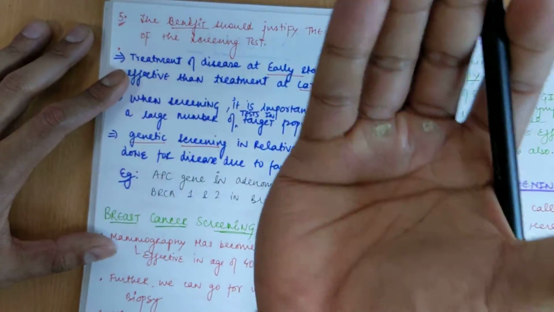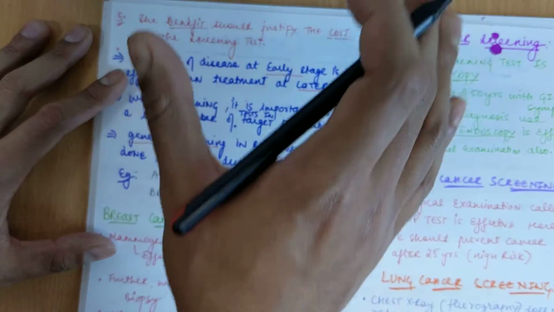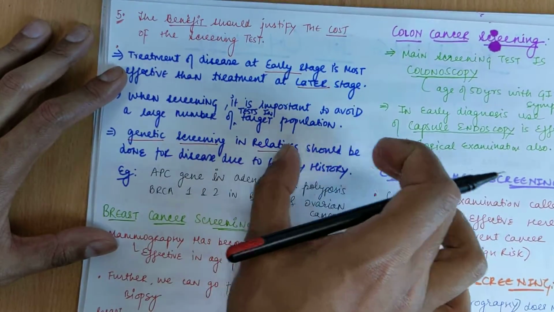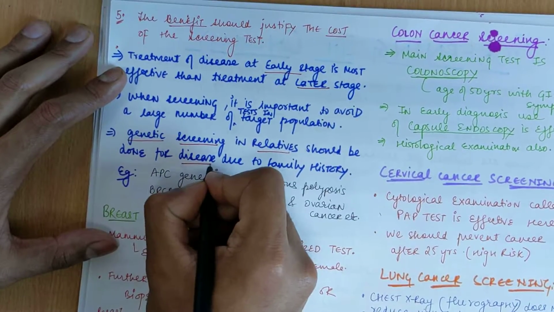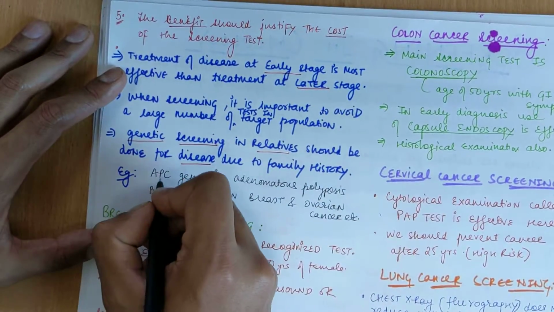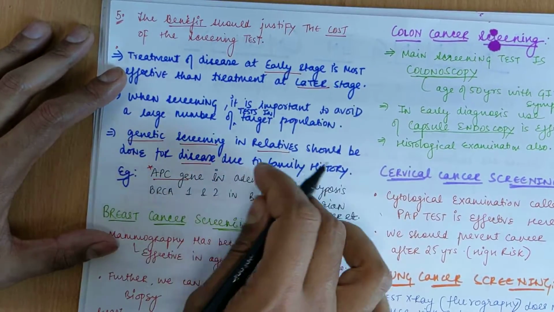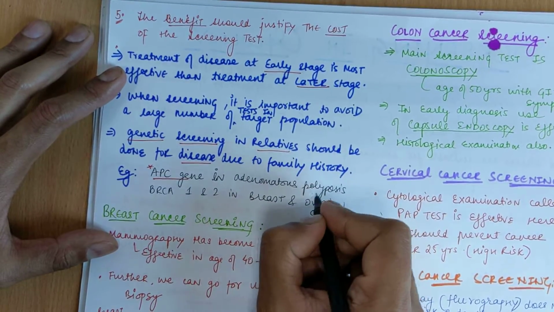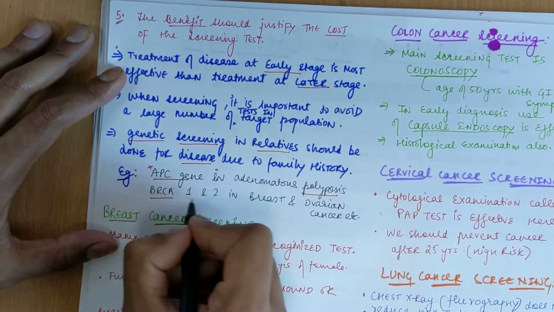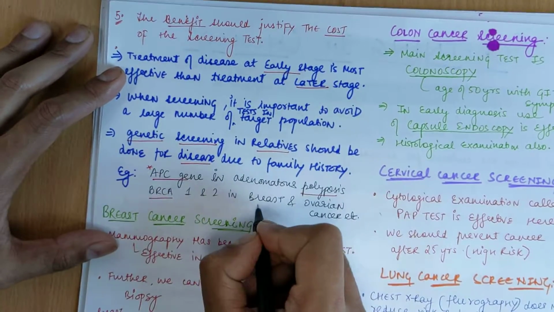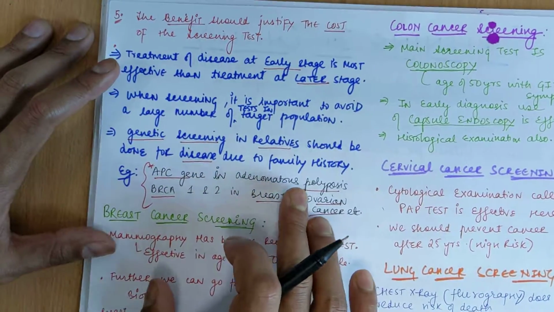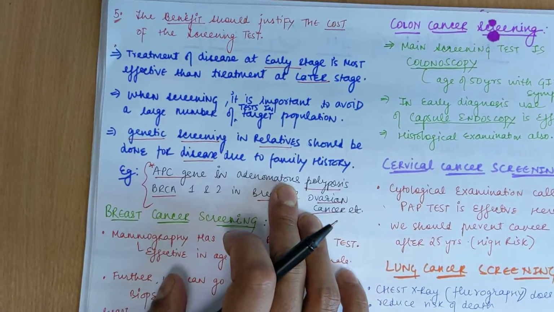If there is a genetic or family history for any patient who has developed cancer, then screening of that patient's relatives should be done for that disease due to the family history. For example, gene mutation of the APC gene in adenomatous polyposis, which is a type of cancer, and BRCA gene 1 and 2 in breast and ovarian cancer. These are the most common genetic mutations that occur in females.